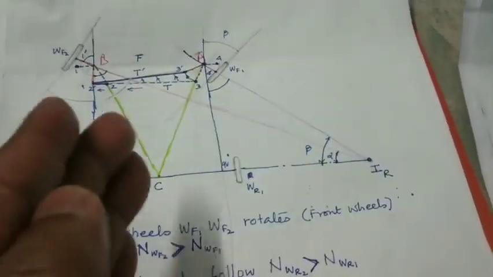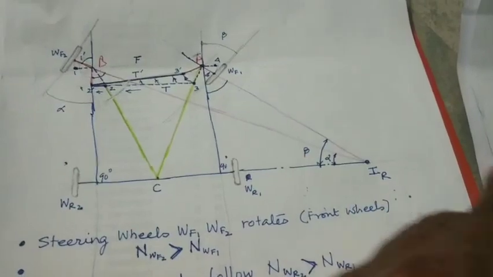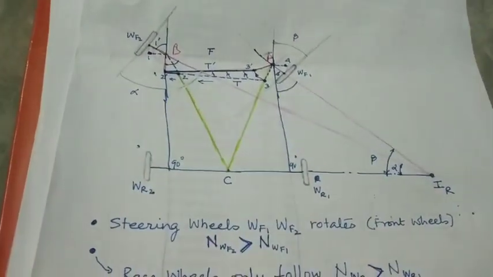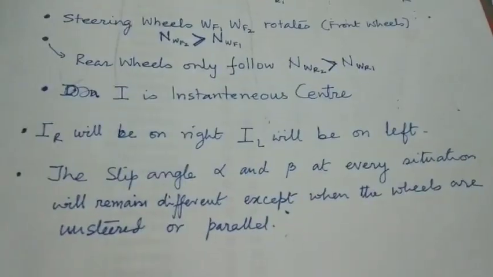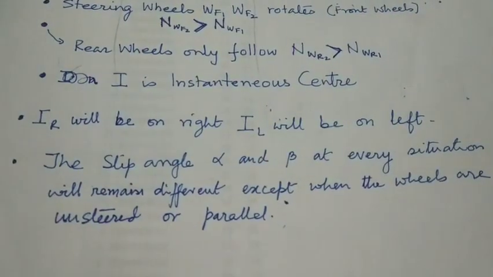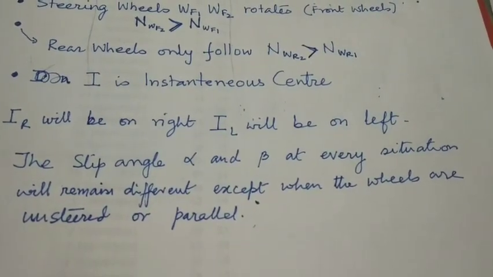So if you are turning to the right hand side, the instantaneous center will be on the right hand side. Similarly, if you are turning to the left hand side, the instantaneous center will shift towards the left hand side. So I read it out for you: IR will be on the right turn and IL will be on the left hand side.